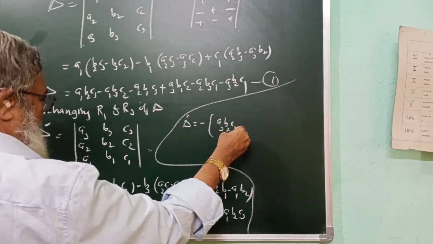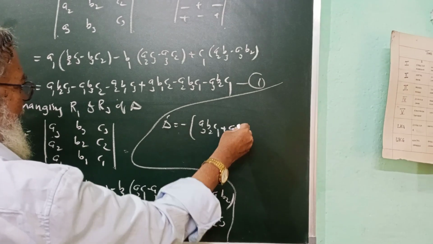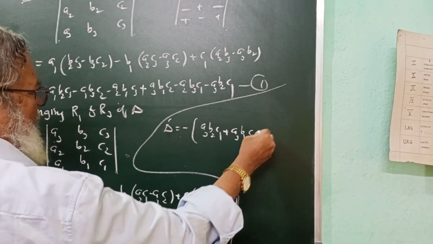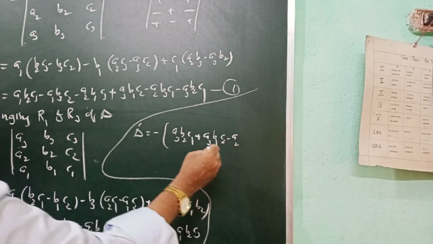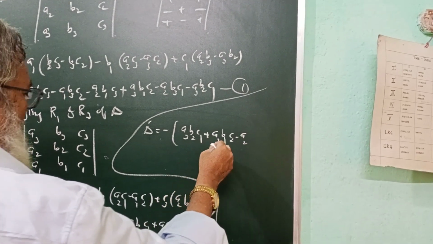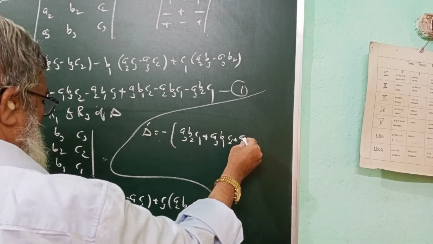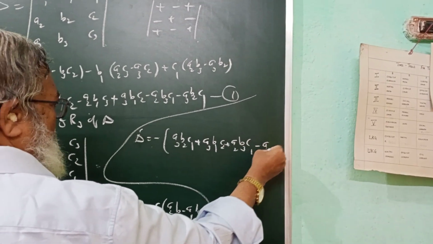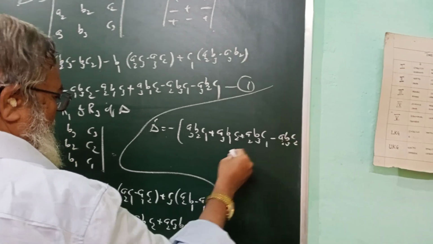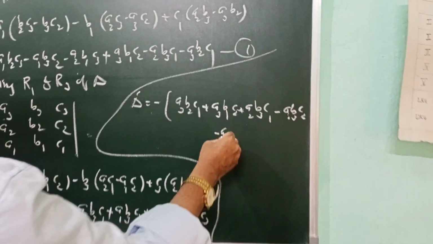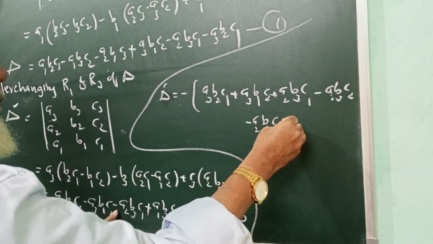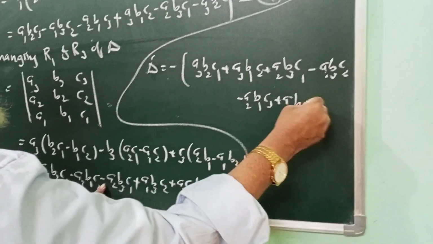A3 B2 C1 it will be plus, A3 B1 C2 it is minus, plus A2 B3 C1, minus A1 B3 C2, plus minus A2 B1 C3, plus A1 B2 C3.